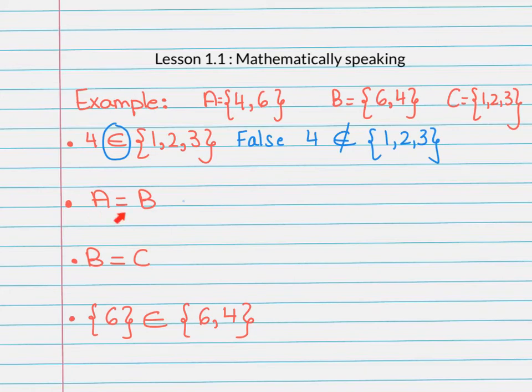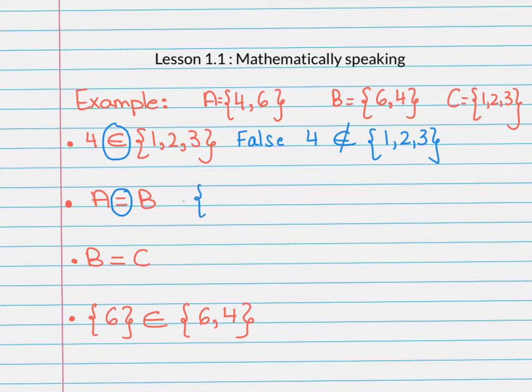Set A is equal to set B. Remember when we said when we are using the symbol equal between two sets, this means that the elements in A should be exactly the same elements as B. Let's write them down.